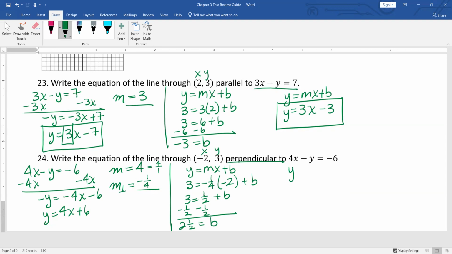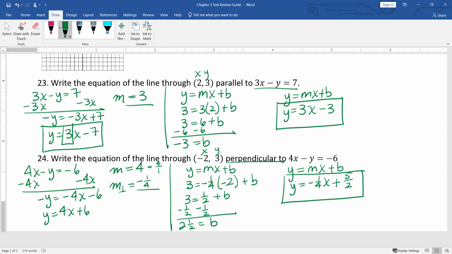So my new linear equation, y equals mx plus b. y and x always stay variables in the whole linear equation because it works for every ordered pair on that line. The slope is negative 1/4 times x plus 2.5, which is 5/2. There is my somewhat ugly, but still works, linear equation for the perpendicular line to that original 4x minus y equals negative 6.